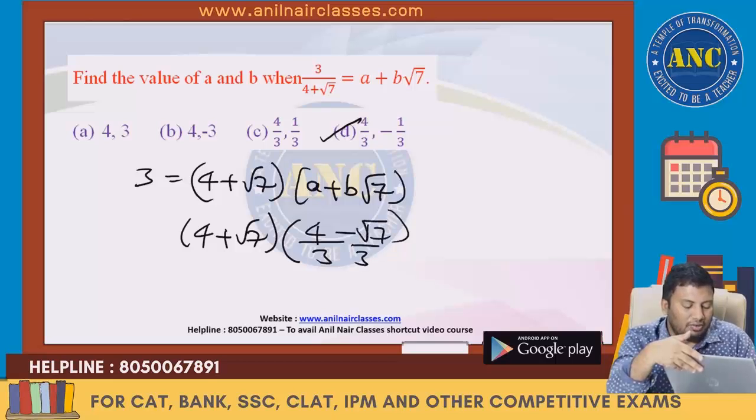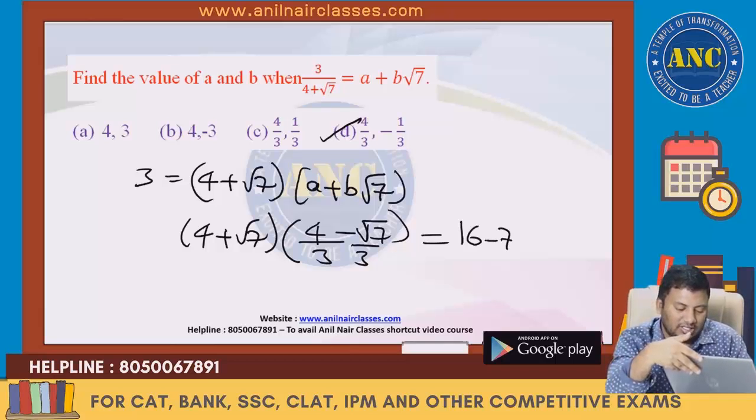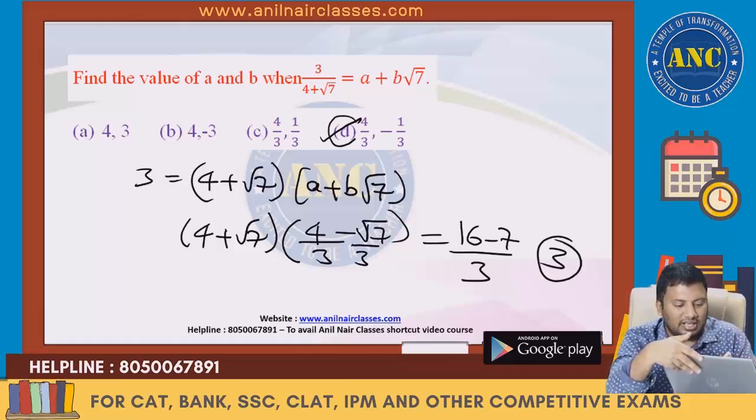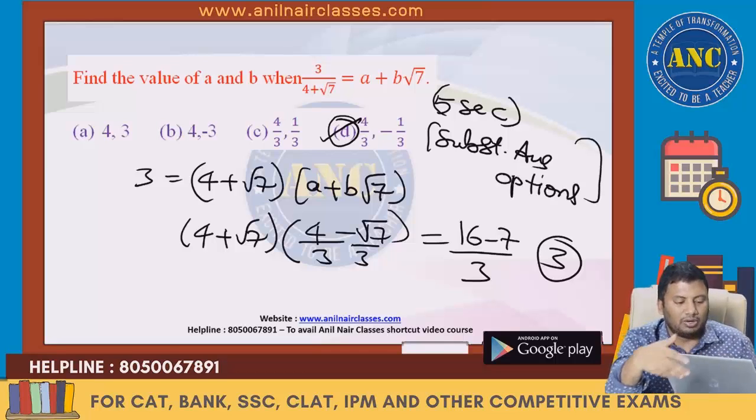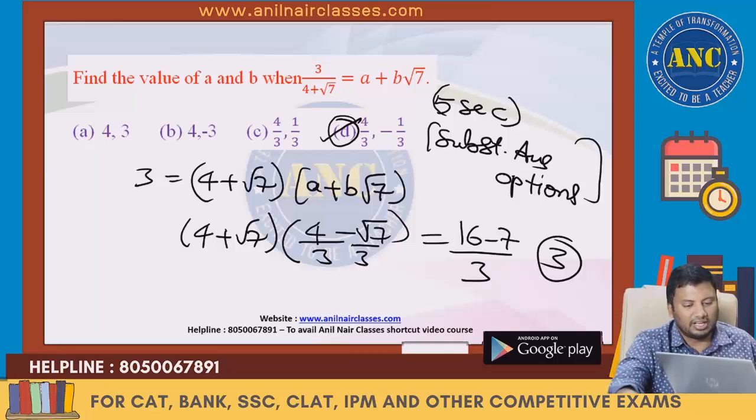So it is (4 plus root 7) into (4 minus root 7), 16 minus 7 divided by 3. 9 by 3 is 3. So answer is D. 5 seconds problem. Substitute from answer options. If you substitute from answer options, just by looking at the question itself, you are getting the answer.